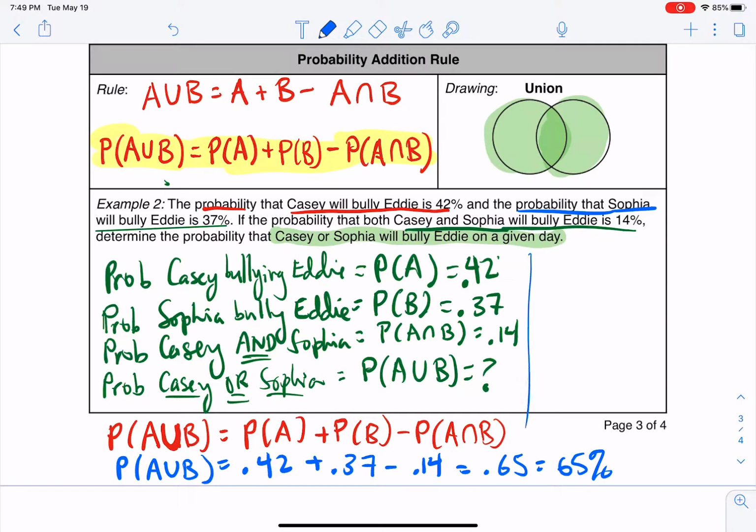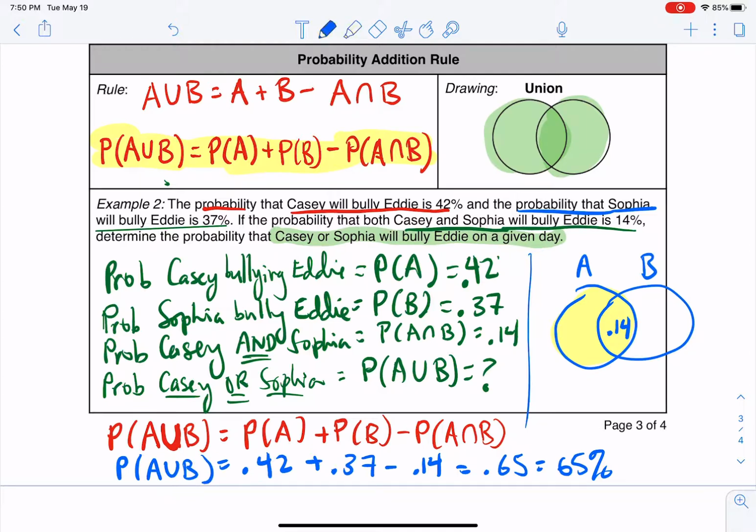Now, we could also solve this problem using our diagram here. If this is my set A and my set B, I know that the probability of both people being the bully is 14%, so that goes in the middle. To find the probability here, I know that the probability of Casey bullying Eddie is 42%.